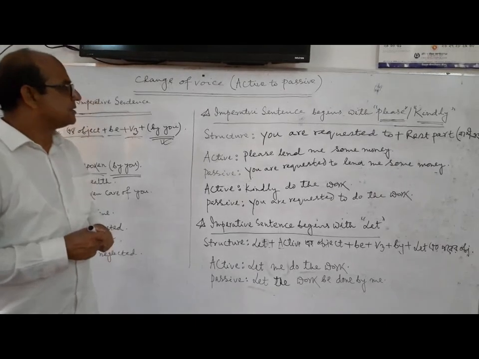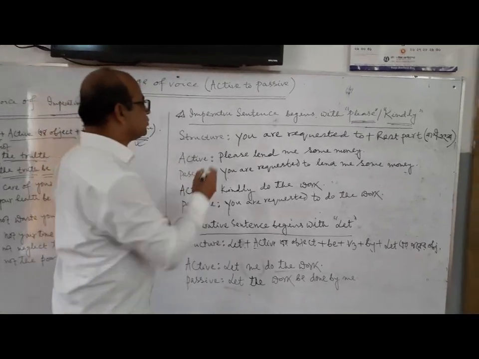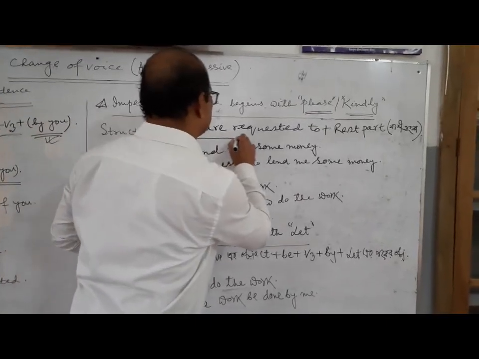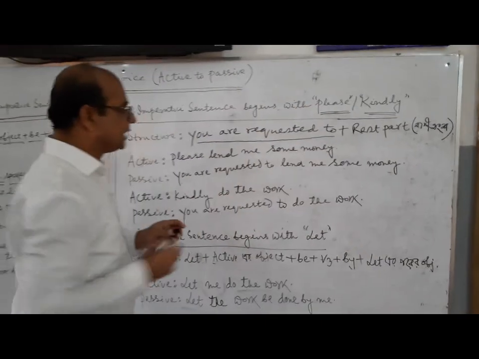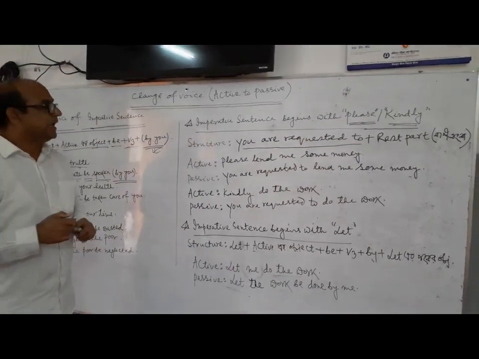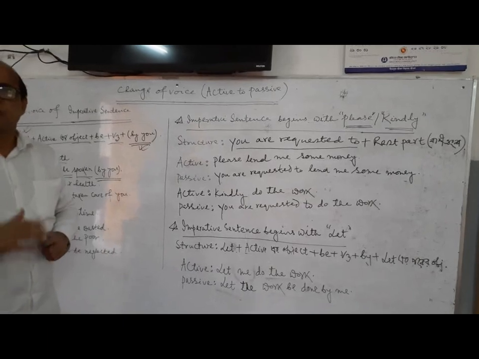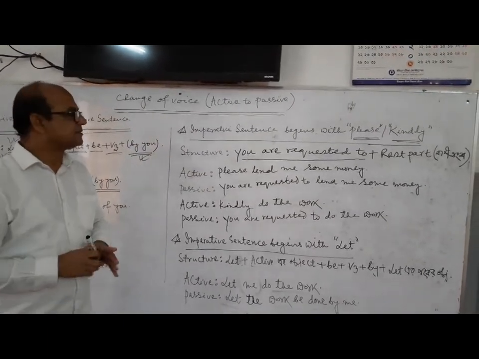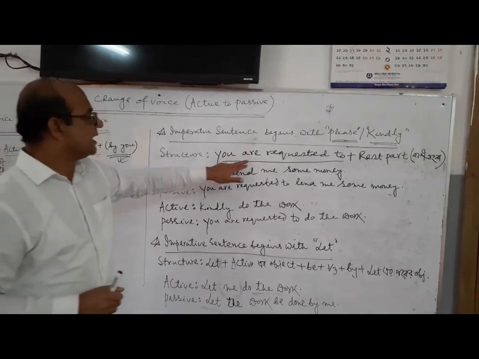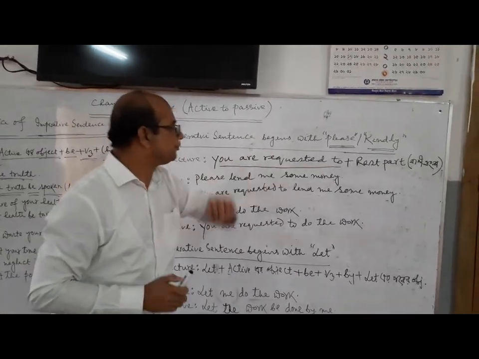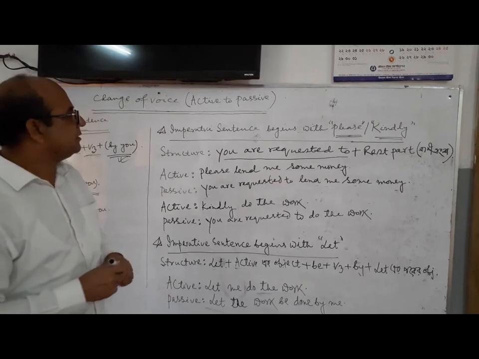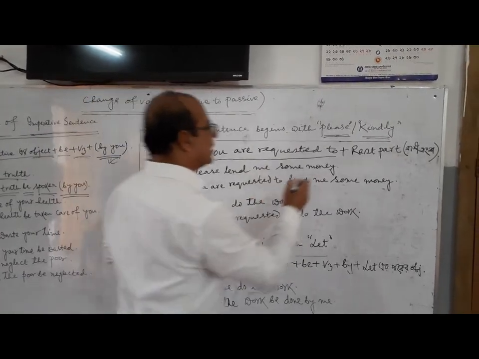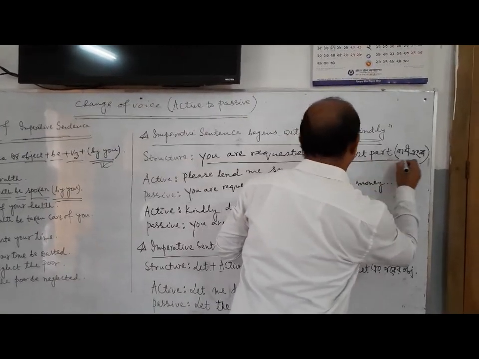In this case, at first you have to write in passive mode: you are requested. You know, in the case of an imperative sentence, the subject is always treated as second person. In that sense, I have written here, you are requested to, then the rest part of the sentence.